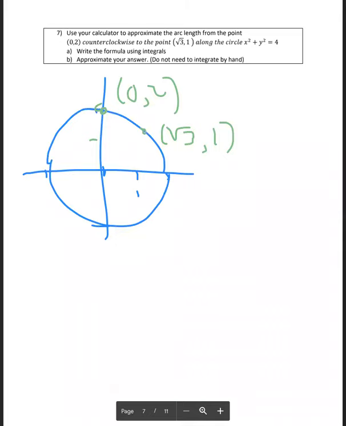The first question said a counterclockwise rotation from (0, 2) to (radical 3, 1), just moving counterclockwise, so it's this region over here. But for this problem, it's telling you to go counterclockwise all the way around and meet up through the other side. Do you guys have any idea how you would approach it?